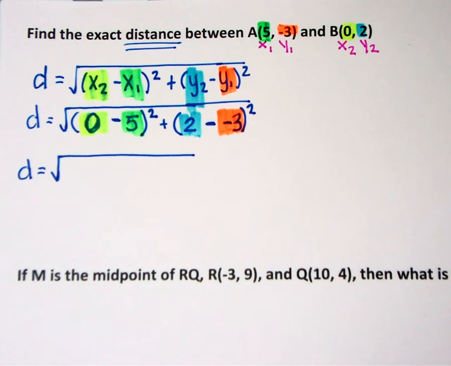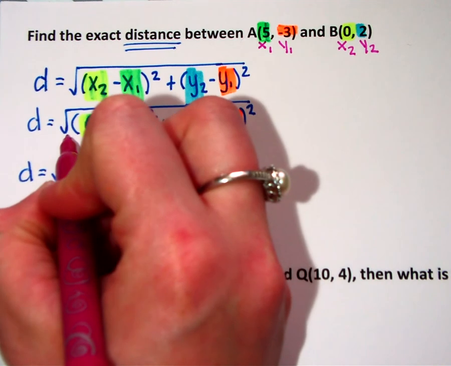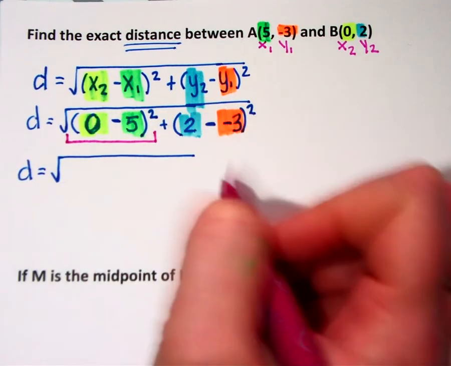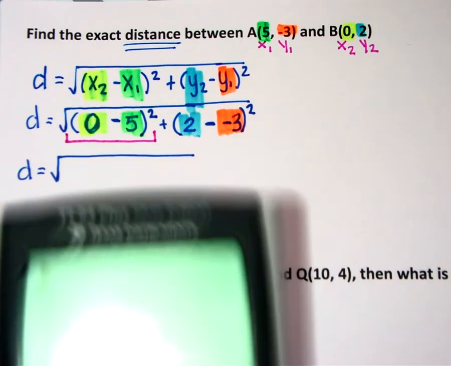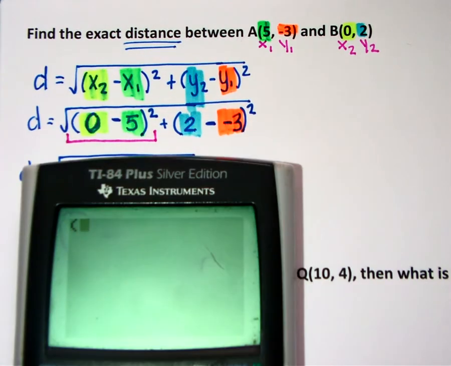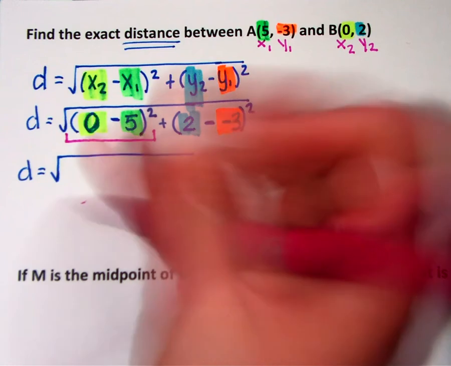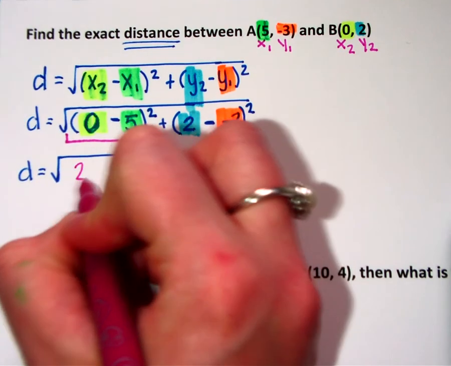What I suggest to make it easier, until you build up to typing it all in, is to type it in piece by piece. I would type this first portion in first: parenthesis, 0 minus 5, close parenthesis, square. We get 25.